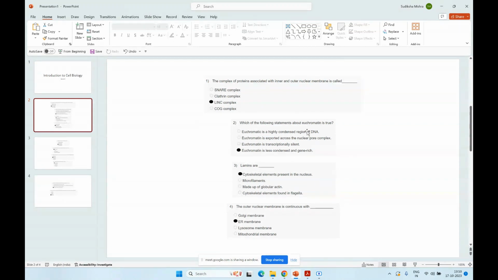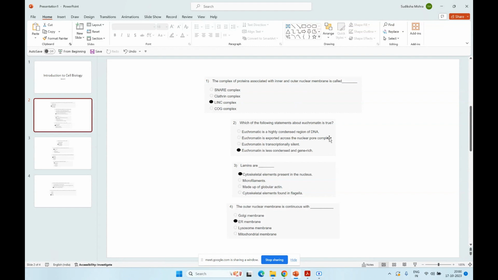Which of the following statements about euchromatin is true? Euchromatin is a highly condensed region of DNA, which is false. It is rather very loosely packed and transcriptionally very active. Euchromatin is exported across the nuclear pore complex, which is false, because the euchromatic and heterochromatic regions are going to stay inside the nucleus.